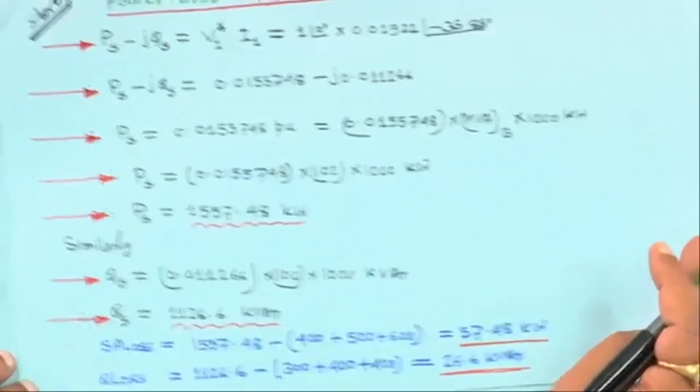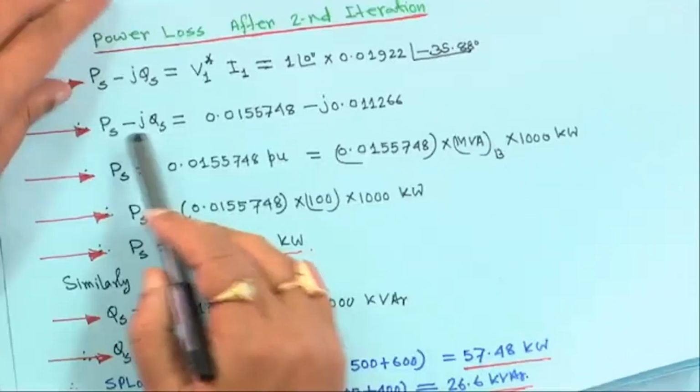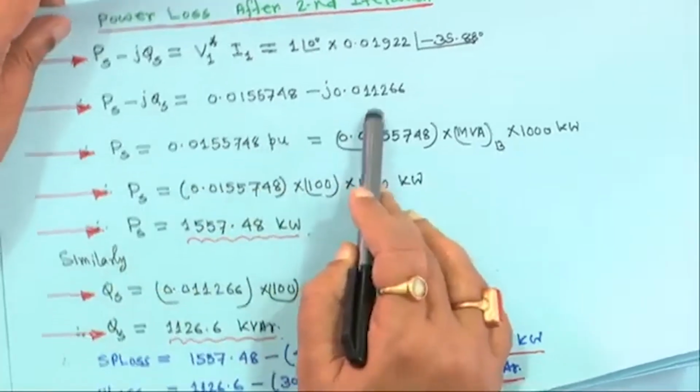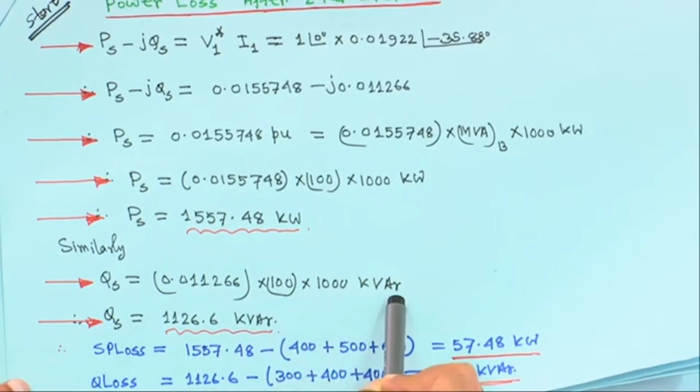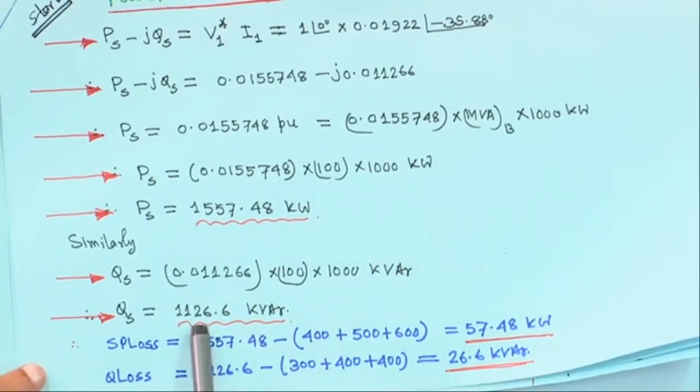Similarly, QS is minus the imaginary part of this one; just compare the real and imaginary. So, QS is 0.011266 into base MVA 100 into 1000, therefore QS will be 1126.6 kilowatt.